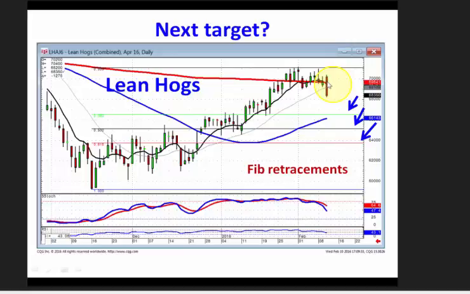A very high probability reversal. So where's my next target? Well, that's when you can throw Fibonacci numbers on. You watch to see which trend lines or moving averages could be a target. Are they going to be a target? We don't know. But if it got down here and I saw a hammer or doji and they started back up, then I could pretty well conclude that was the reversal signal at that level.